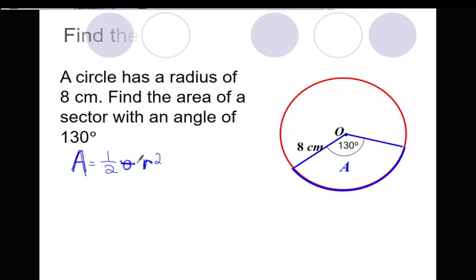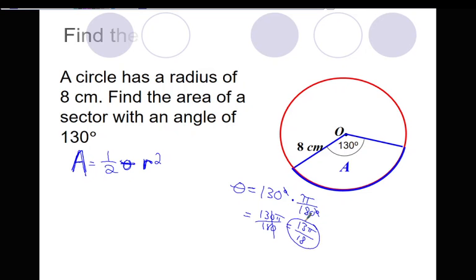So the first thing we need to do is find theta in terms of radians. So again, changing degrees to radians, we multiply by pi over 180 degrees, which gives us degrees divides out with degrees, 130 pi over 180, divide both by 10, we get 13 pi over 18.